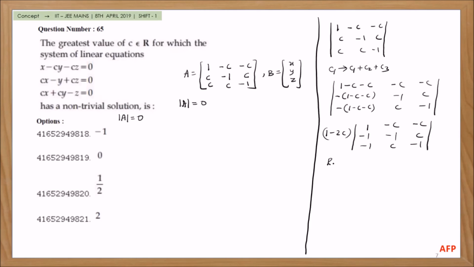Now R2 changes to R2 plus R1, R3 changes to R3 plus R1.